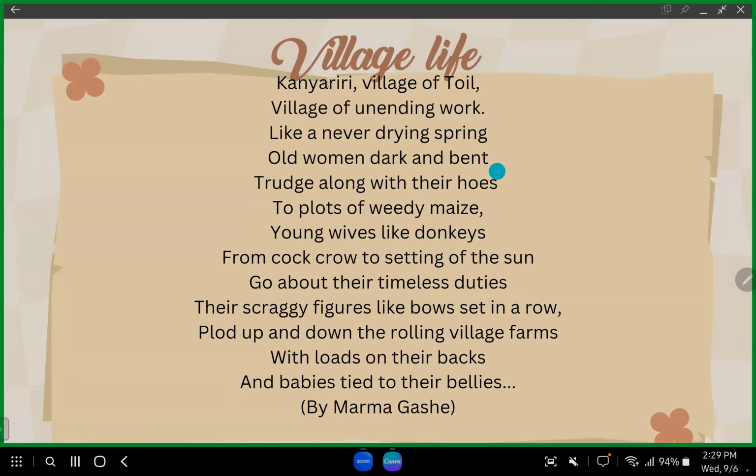Their age doesn't stop them from going to weed, to remove weeds from these plots of weedy maize. Their age does not matter. They're basically saying that these ladies are so hardworking that they're always on the plots of weedy maize to do something.